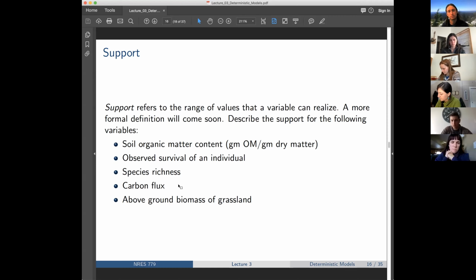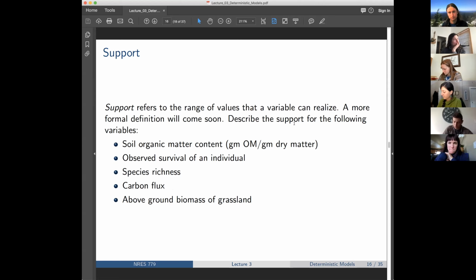Carbon flux. Flux is a rate of change. So here we might get something that looks more normal, but again, that's because we're doing something to the data. And then above ground biomass of a grassland. Biomass would be positive. Not the integers, but any real value greater than 0.